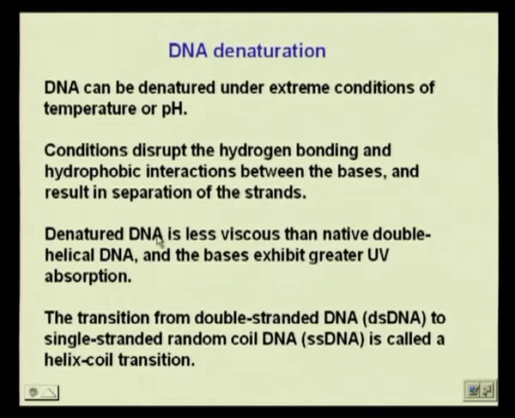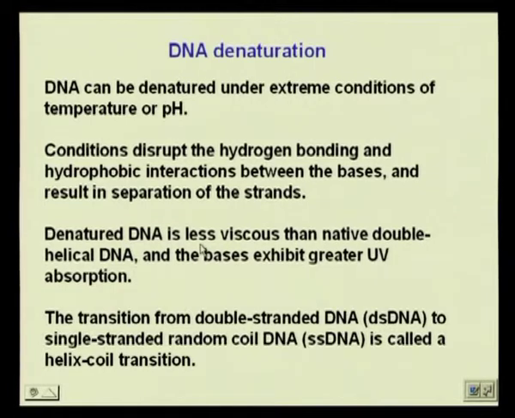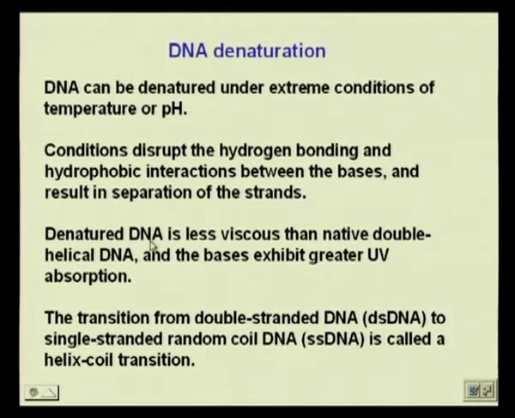Denatured DNA is less viscous than native double helical DNA and the bases exhibit greater UV absorption. We will see that in a minute. What we have here is denatured DNA is less viscous.